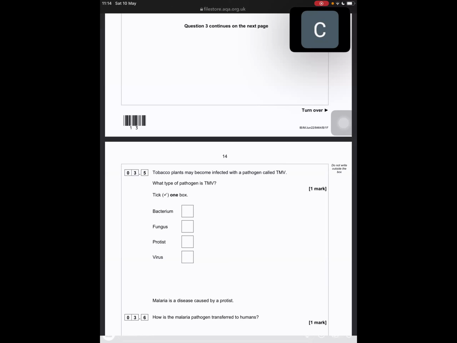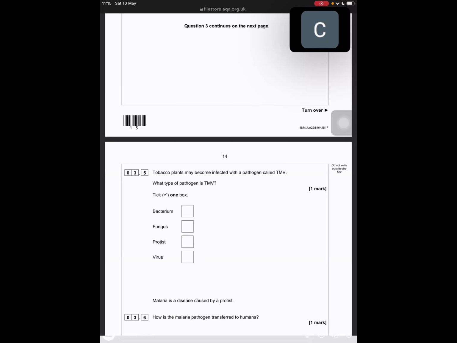So it says next, malaria. It's a disease caused by a protist. How is malaria pathogen transferred to humans? I'm not sure if research has changed it, but we were told that it was caused by an infected female mosquito carrying plasmodium.